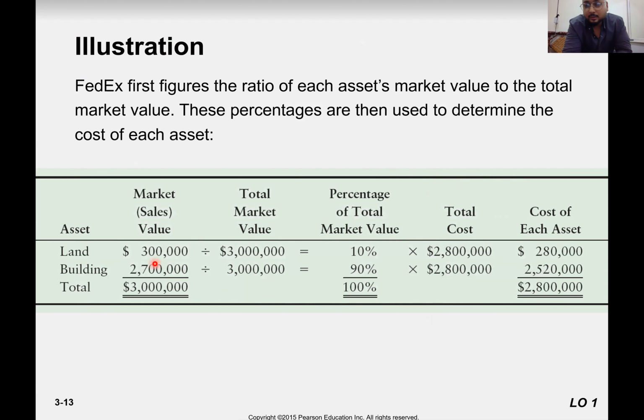And 2.7 million is what percentage of 3 million? 90%. Similarly, you paid 2.8 million. So in 2.8 million, 10% belongs to the cost of land and 90% belongs to the cost of building. So we call this the RSV method. The name is fancy, but the basic mathematics is the same.